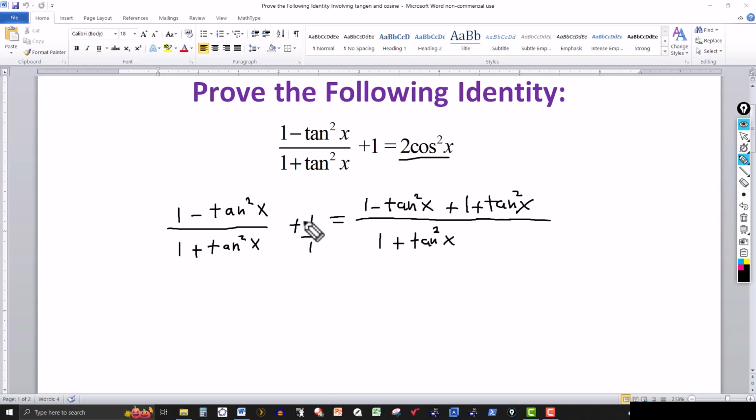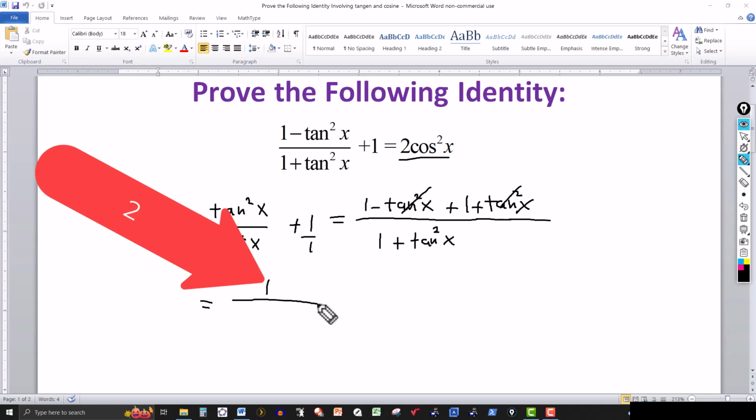Now again, just got the same denominator here, multiplied by 1 plus tangent squared of x, and this is what we get. Notice the tangent squared of x and the minus tangent squared of x cancel, so that'll give us 1 over 1 plus tangent squared of x.